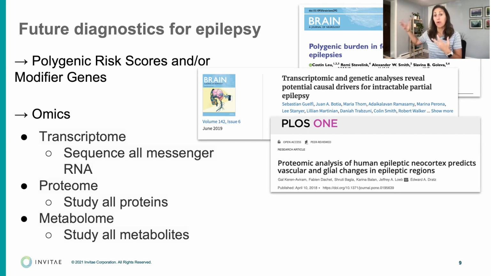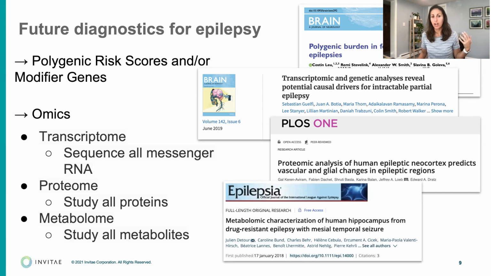So looking at a proteome is looking at all the types of proteins that are created in a cell. And then we talk about a metabolome. This is your metabolics, what is produced and what is broken down. And I think there's still so much for us to learn in these different types of omics that are just going to continue to emerge over the next few years.